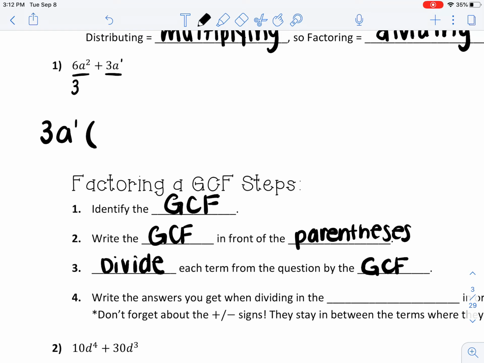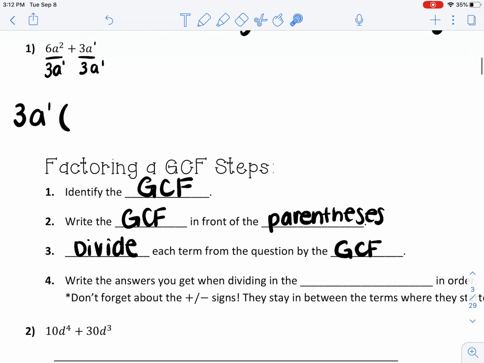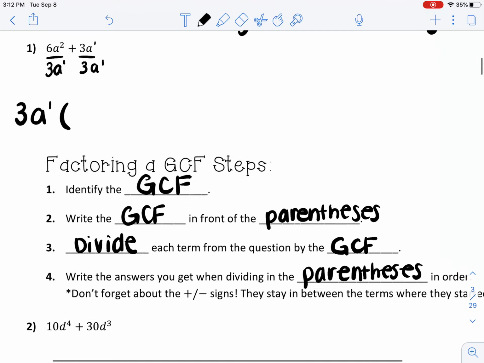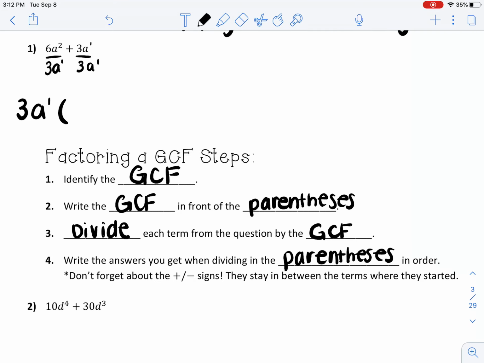So that's actually what I started writing before. That's why I put that 3 right here. We need to divide each of these terms by the GCF, which is 3a to the first. I'm dividing each of these by 3a to the first. And then it says, write the answers you get when dividing in the parentheses in order. And don't forget the plus or minus signs.